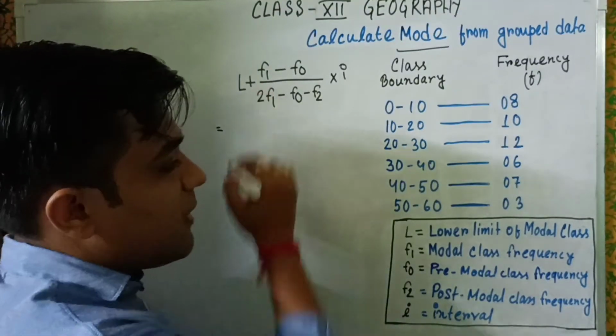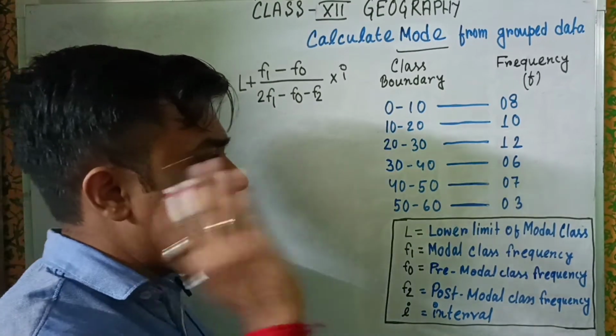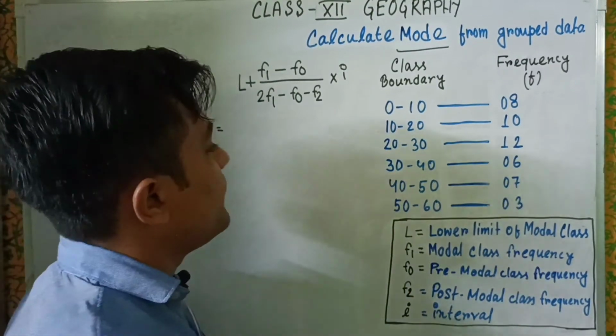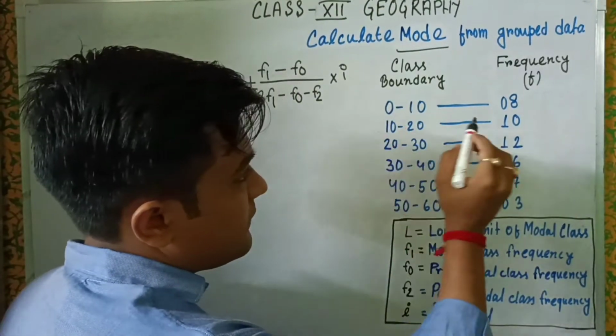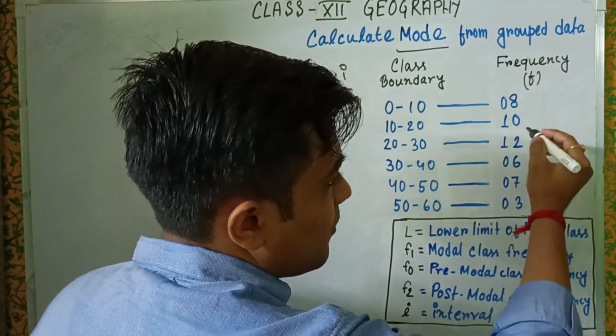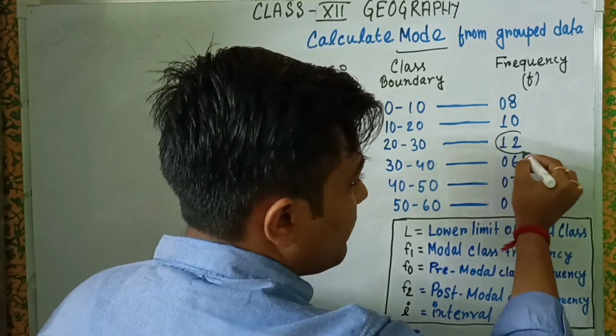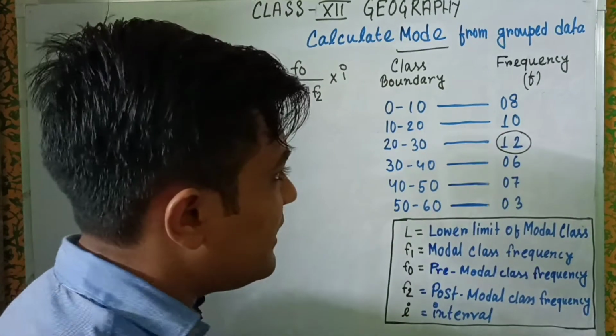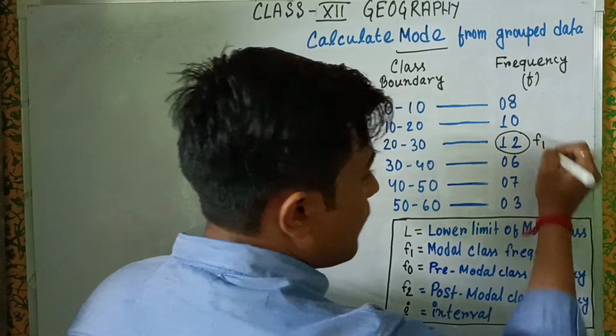First you have to identify F1. F1 is the modal class frequency. From this table you can see the modal frequency, that means 12. 12 is our modal frequency, so 12 is F1.